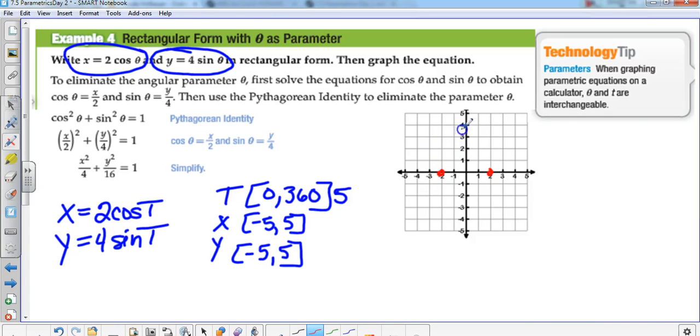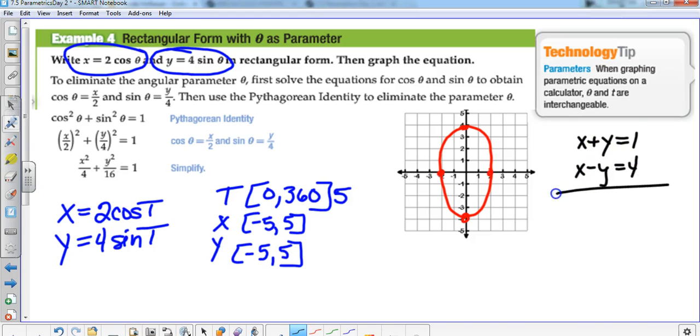-2 to 2, -4, 4. And then I want to review something with you really fast. Do you remember even back in Algebra 1 doing these? x plus y equals 1, x minus y equals 4, 2x equals 5, plugging it back in, finding an x, y. Remember where we added 2 equations together to make a variable drop out?